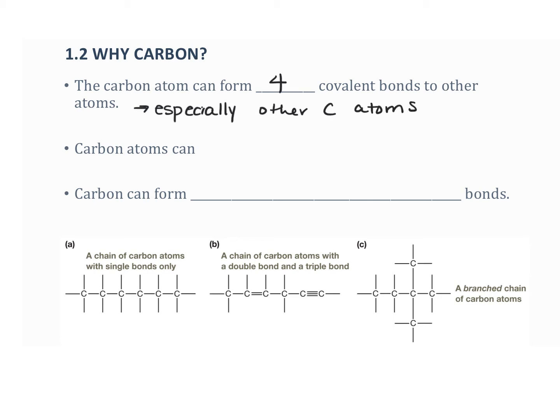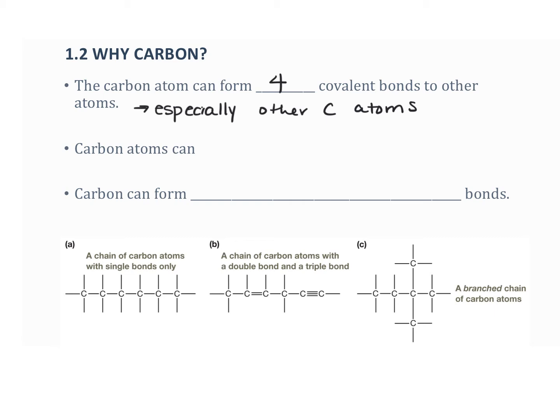Because of this, carbon atoms can link together in chains of almost any length. And that's what we're seeing here. We can make these big chains. Notice that carbon's making 4 bonds: 1, 2, 3, 4. The other thing they can do is also make rings of various sizes.